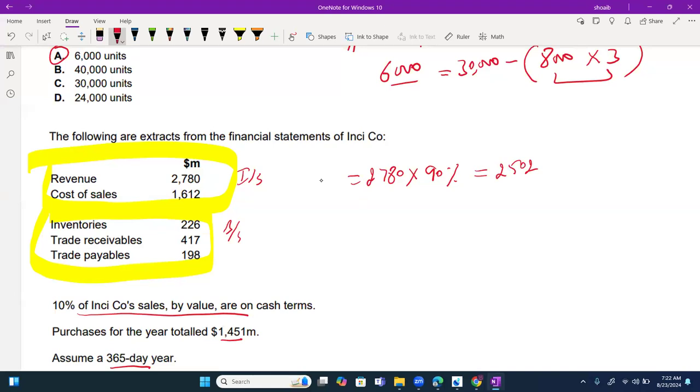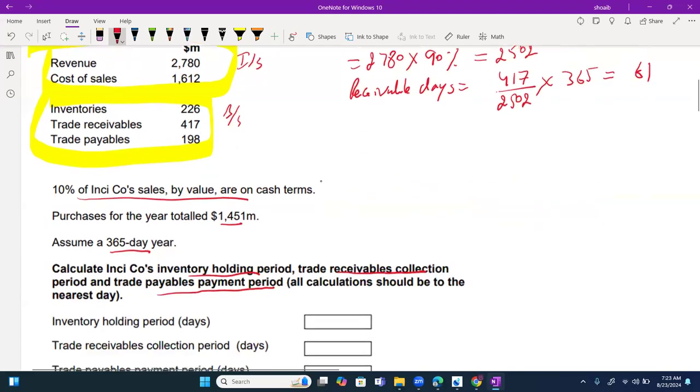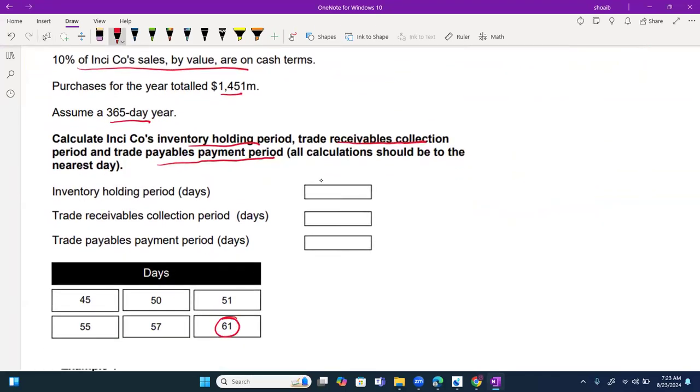If you remember the formula for receivable days, you put receivables in the numerator and credit sales in the denominator, into 365 days. That would be approximately equal to 61 days. So you will click 61 and put it here.